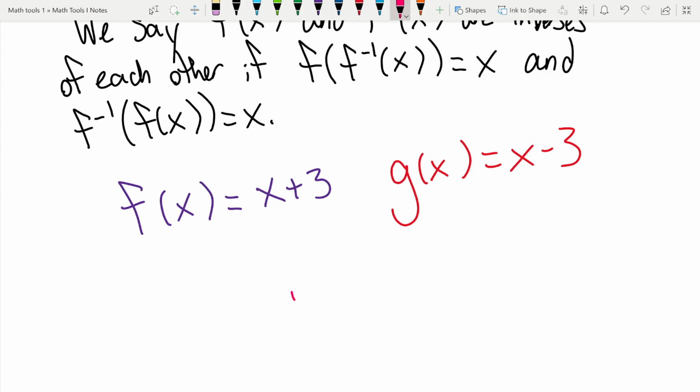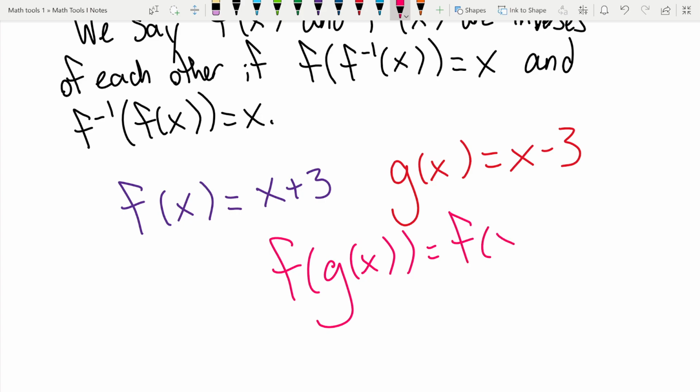So let's go ahead and do f of g of x and see what we get. So f is x plus 3, so we're doing f of x minus 3 because that's what g is. So we're going to plug this in for x. We get x minus 3 plus 3 equals x. Okay, so one of these statements is verified.